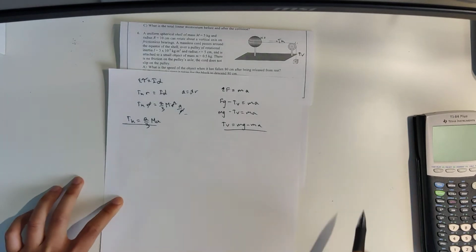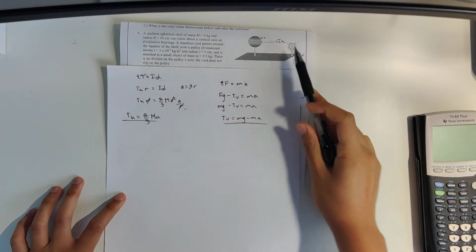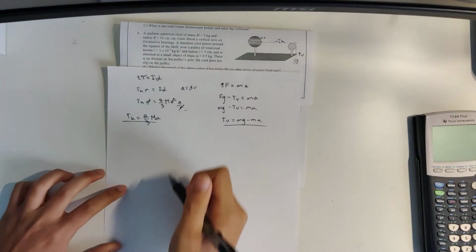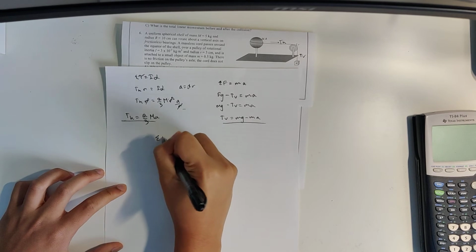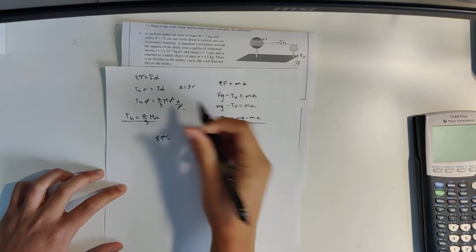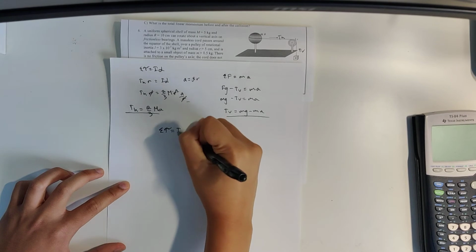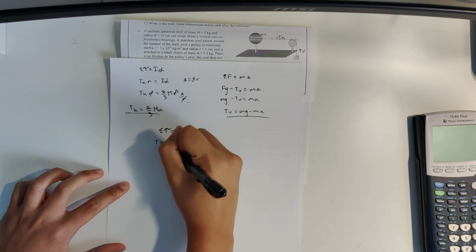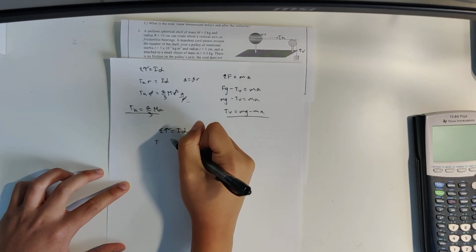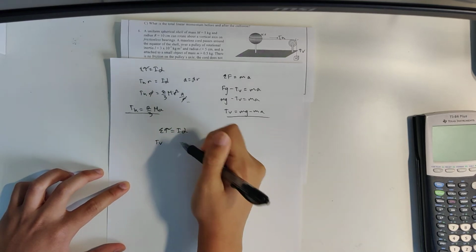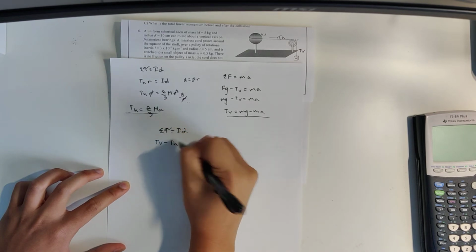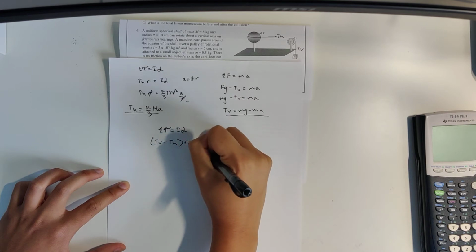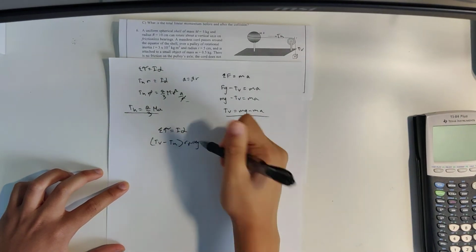This is the part now where you set up torque for this pulley, which has these two opposing tensions. So let's set that up. Your net torque is equal to I alpha. So that's going to be T vertical in front, minus T horizontal, and then you have to multiply it by the R of the pulley. Remember that.